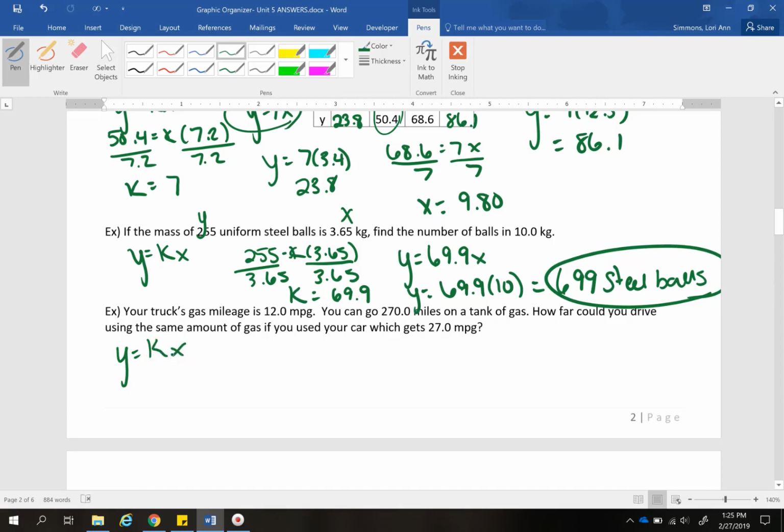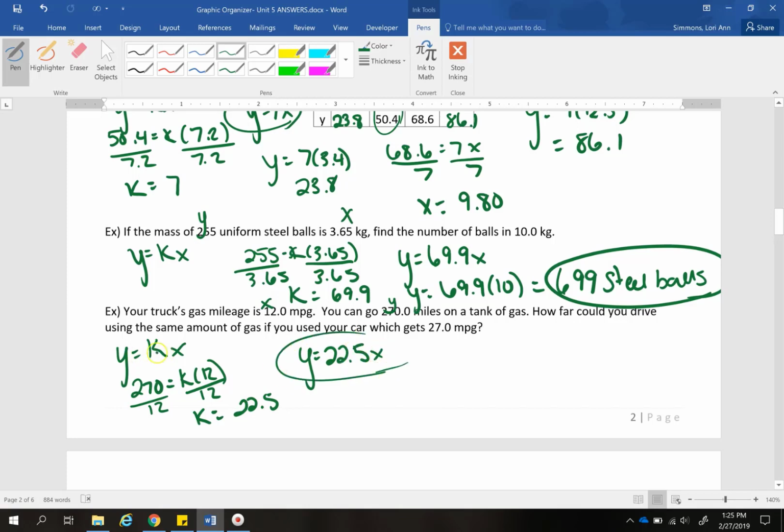Okay, so I am going to say my miles per gallon is x and the miles is y. So we have 270 equaling k times 12. So k is equal to 22.5. So here's our formula.